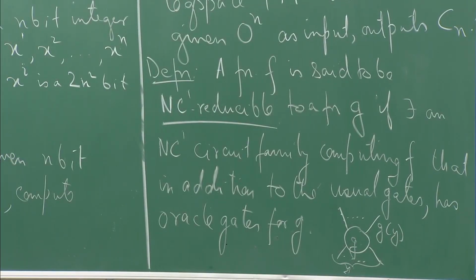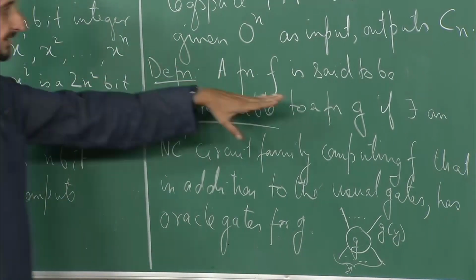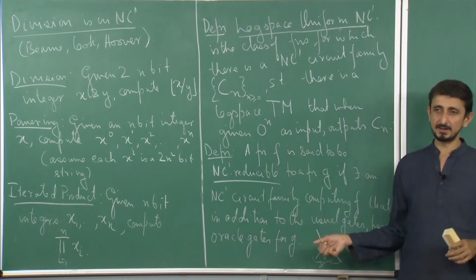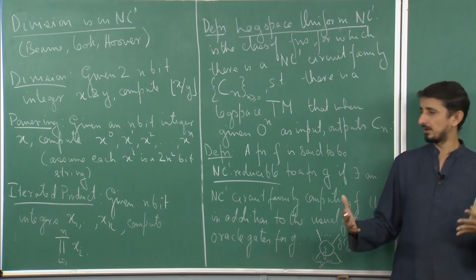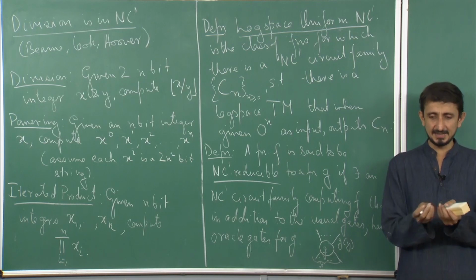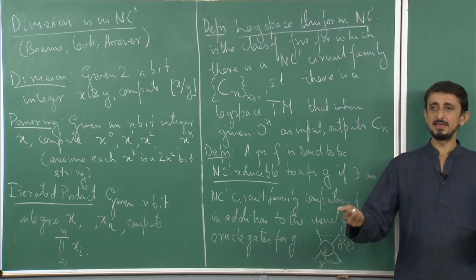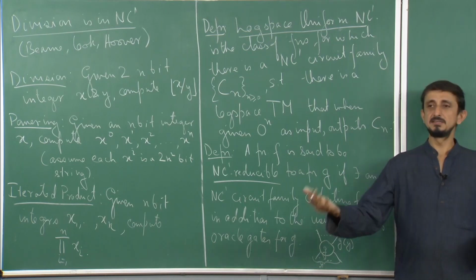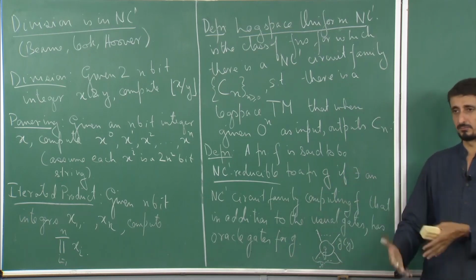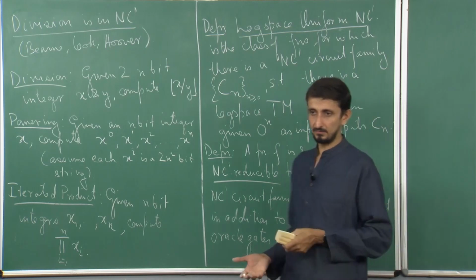This is what an oracle gate is. Now we say that f NC1 reduces to g if there is an NC1 circuit which, in addition to the AND, OR and NOT gates, also has these oracle gates for g. So at any point of time you can produce a string and query what the output of g of this string is.